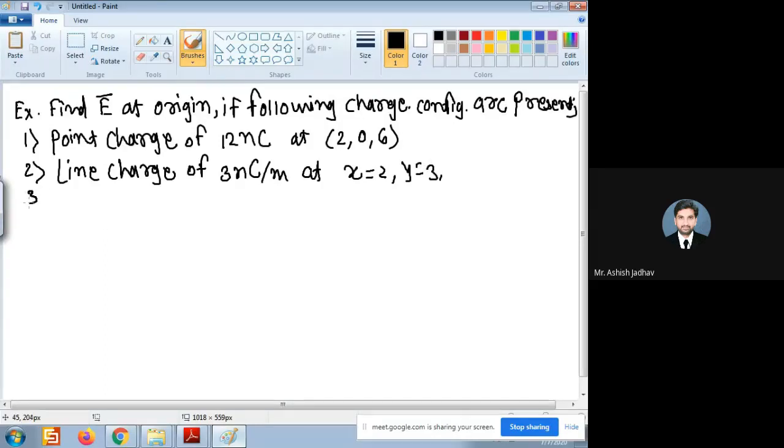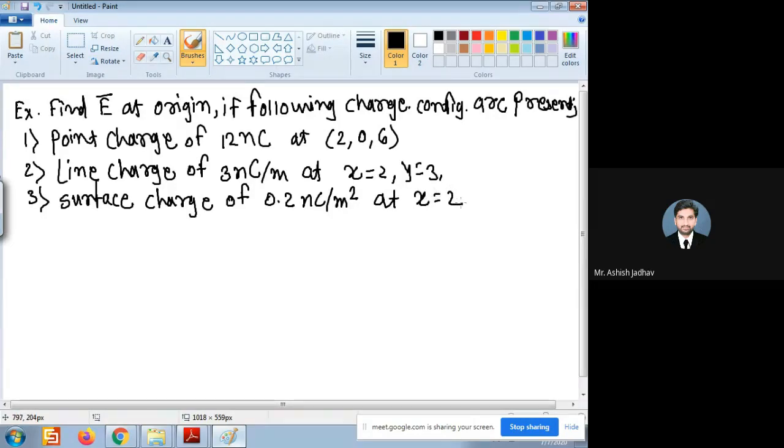And third charge configuration is surface charge, or you may call it as sheet charge. Surface charge of, what would be the unit for this? 0.2 nanocoulomb per meter square at x is equal to 2, right?